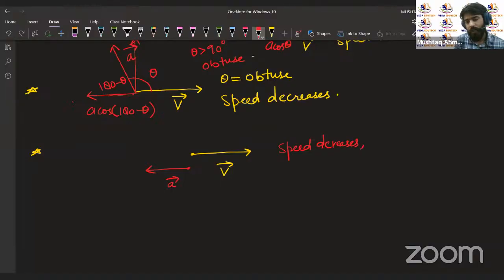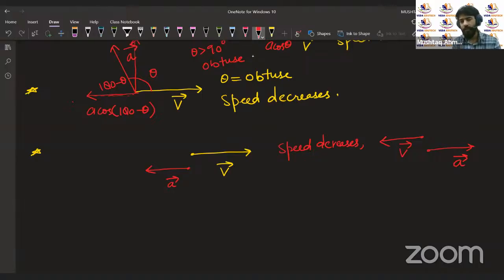Suppose that this velocity vector is in this direction, and now acceleration is along this direction. In this case also, because they're once again anti-parallel to each other, the speed is going to decrease, right? So the speed of the particle will decrease in two cases. One case is that the acceleration is completely anti-parallel to the velocity vector.